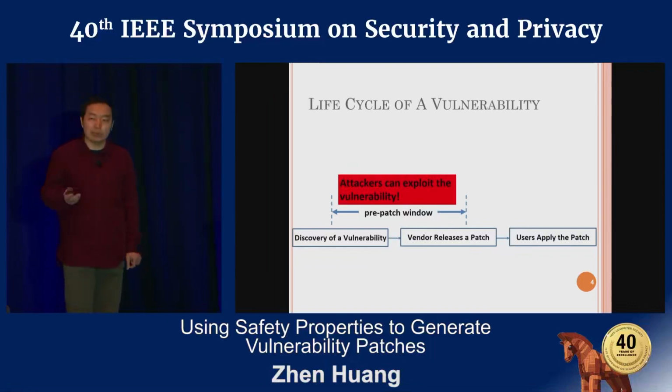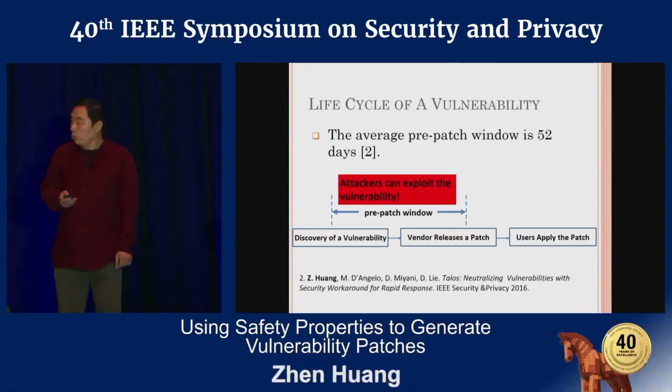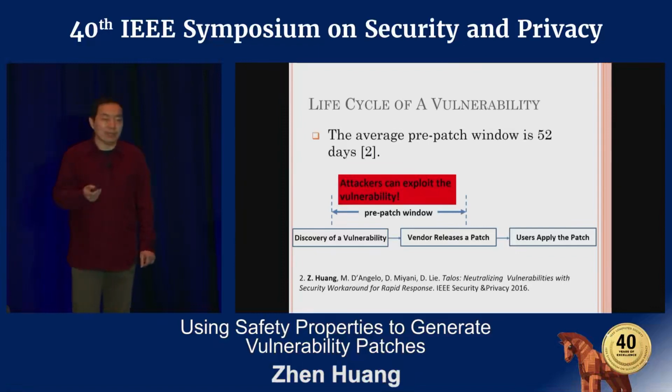During the pre-patch window, attackers can exploit this known vulnerability because the patch is not yet available. One study published in 2016 finds that the average pre-patch window is as long as 52 days.